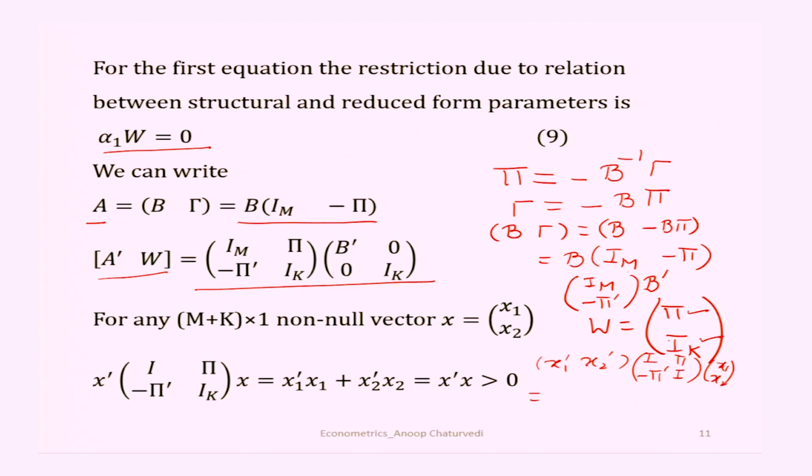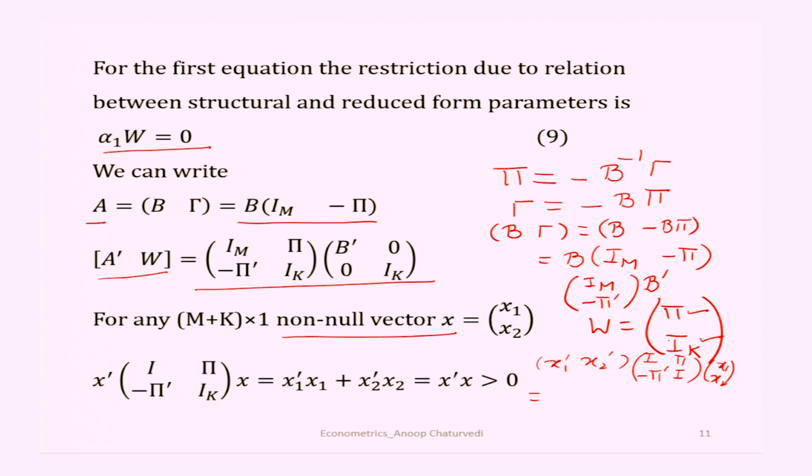So, we get x 1 transpose x 1 plus x 2 transpose x 2, which is equal to x transpose x, and this is greater than 0. So, for any non-null vector x, we get x transpose I pi minus pi transpose I k x is greater than 0.